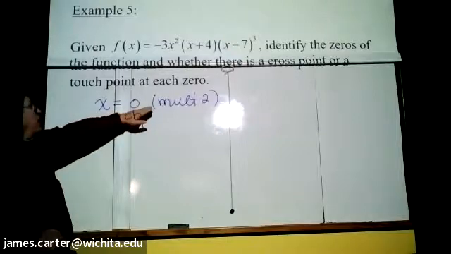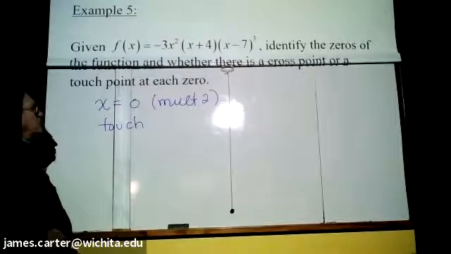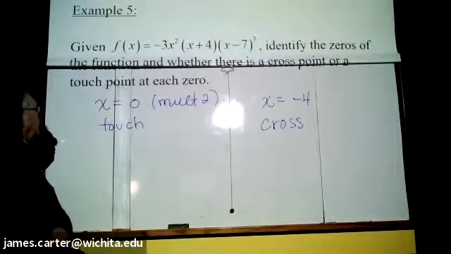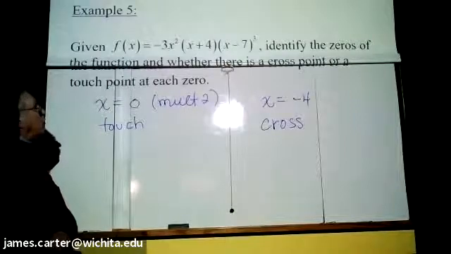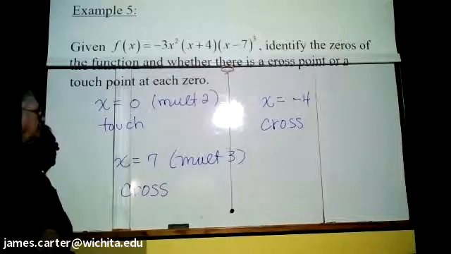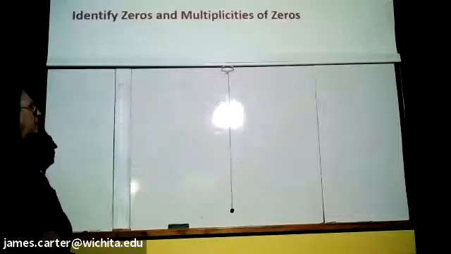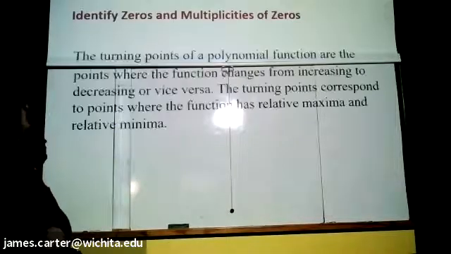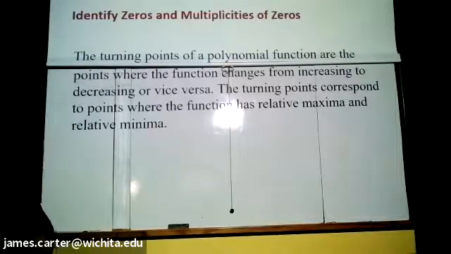Okay, so 0 has a multiplicity of 2, so it's going to be touch and go. Negative 4 is going to be crossing. The 7 is going to be crossing. Okay.